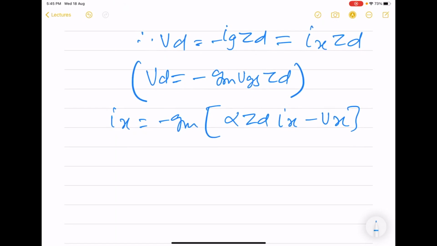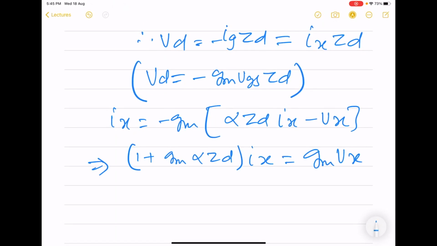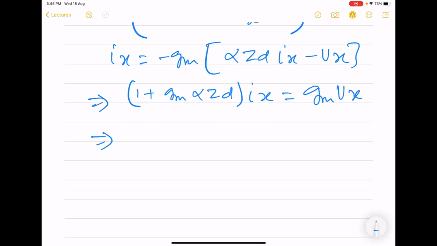So here we have the final equation, and this we can solve for Ix. So this becomes 1 plus Gm alpha ZD, Ix is equal to Gm Vx. So this implies Vx by Ix is equal to 1 by Gm plus alpha ZD.